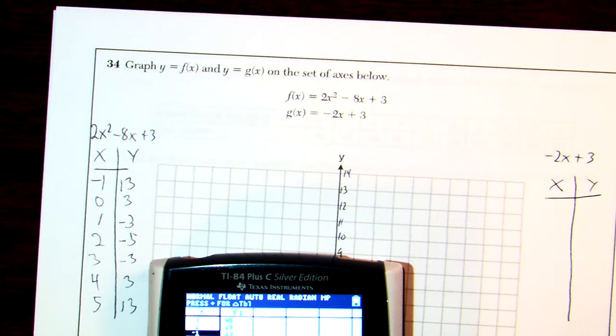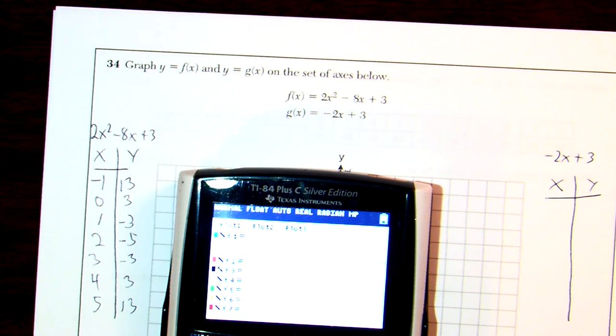And the other guy, y equals, clear that out. Negative 2x plus 3. Second graph.